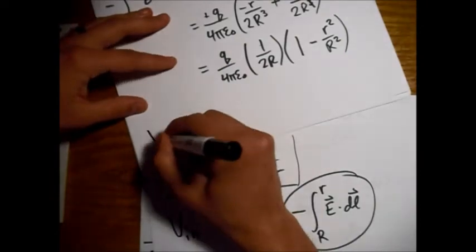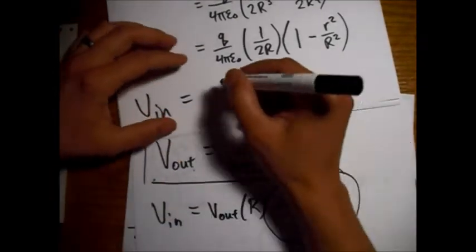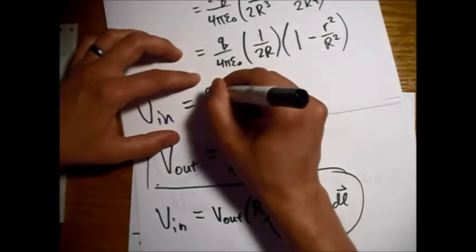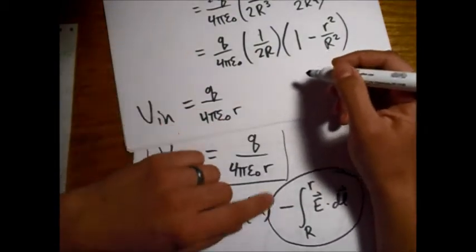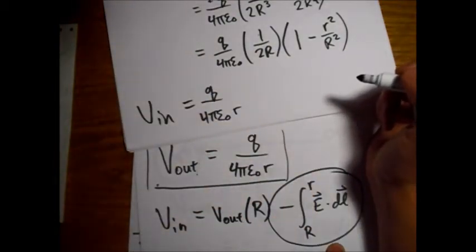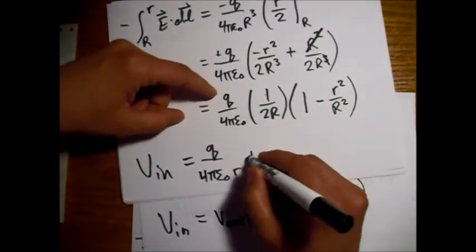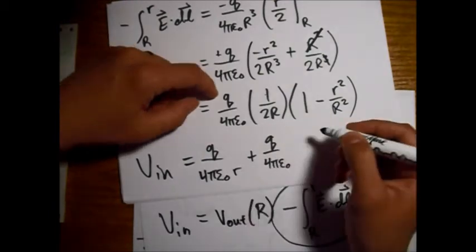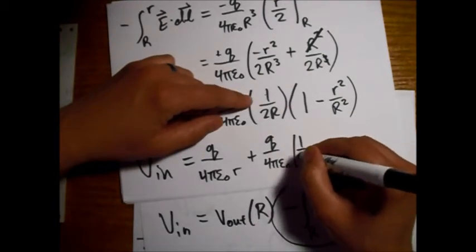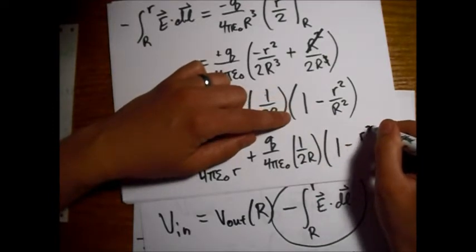So V in equals this V out, Q over 4 pi epsilon naught R, plus this thing that we already did, and we included the minus sign, so we just add this right here, plus Q over 4 pi epsilon naught 1 over 2R, that's a big R, times 1 minus r squared over big R squared.